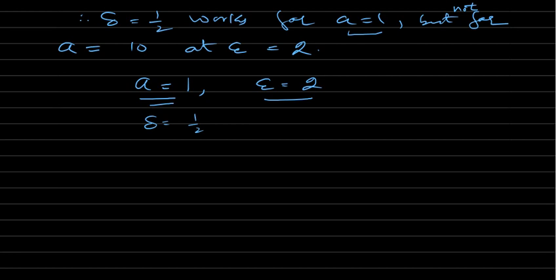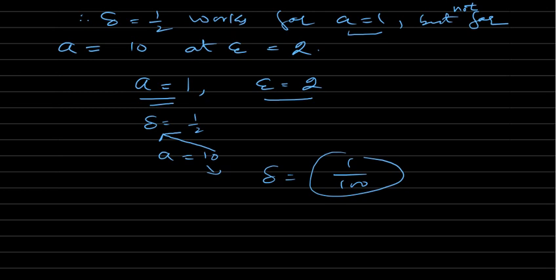But if I vary the point, if I choose the point a equal to 10, this same delta does not work. But I can choose different delta. I can choose say delta equal to say 1 by 100. Maybe that delta will work for both a equal to 1 and a equal to 10. Maybe that delta works for say 10 values, say 100 values.